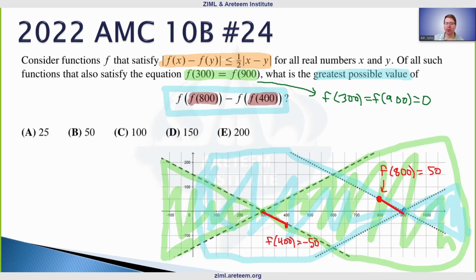Now, a couple of things to do from here. What does the rest of our function look like? First of all, one worry is what happens in the middle of these two. For example, is it valid to just connect these 2 points there? Is this okay to connect those here?